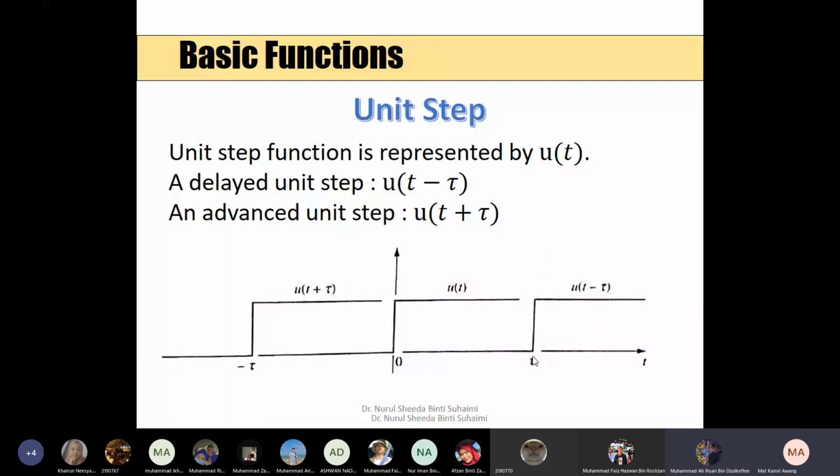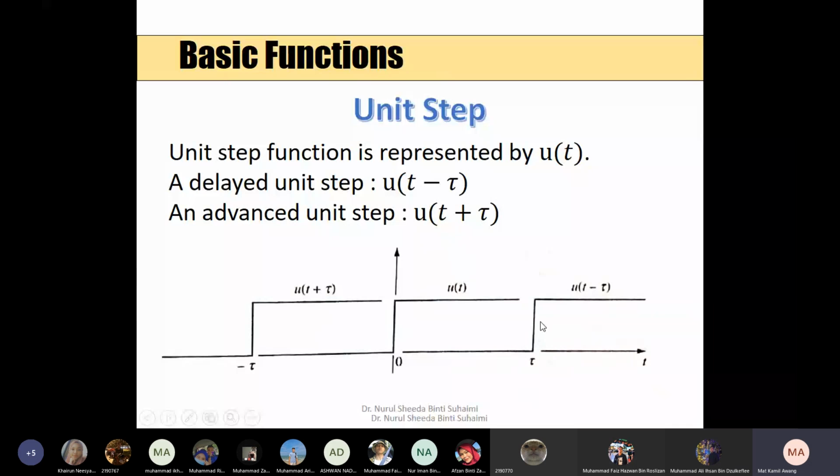Unit step u t plus tau is when the signal is 1 at time equal to minus tau. So unit step is basically 0 before minus tau and 1 after, if it's an advanced unit step.